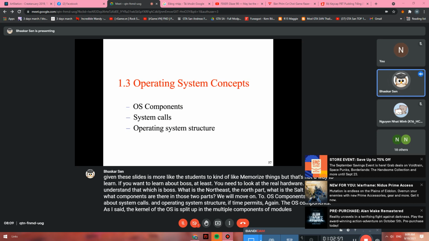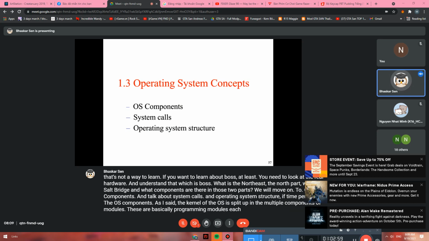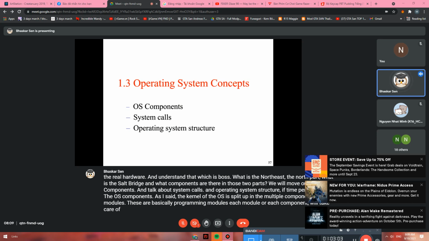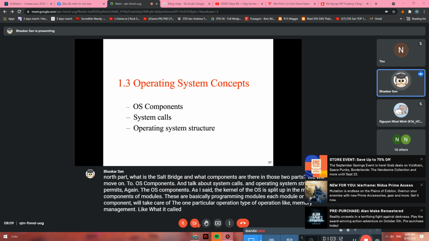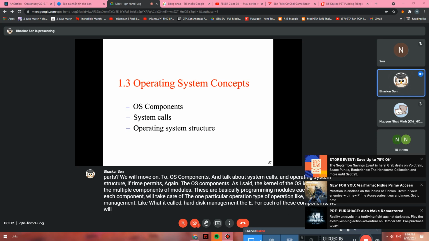These are basically programming modules. Each module or component will take care of one particular type of operation, like memory management, hard disk management. For each of these components, we will study in more detail in the subsequent chapters.